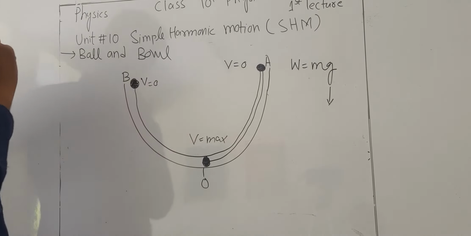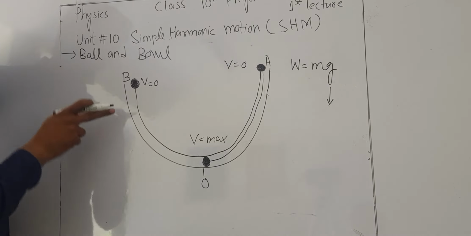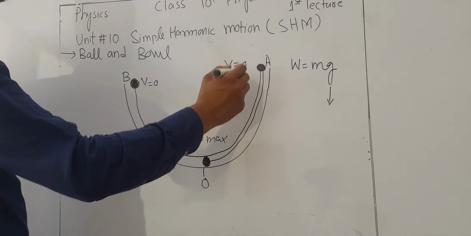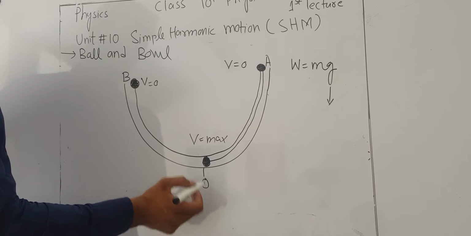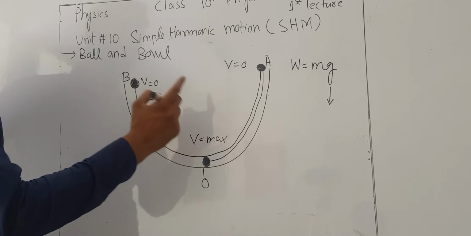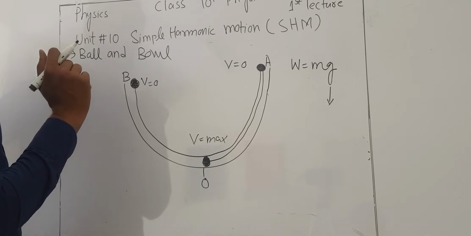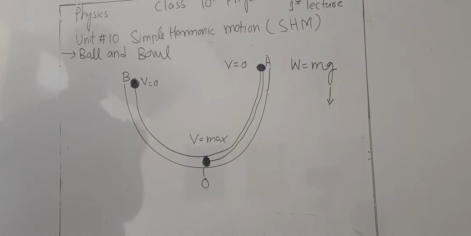Again the ball moves toward the mean position and then quickly toward position A. This to and fro motion of the ball about a fixed point continues until the energy of the ball becomes 0. So this is another example of simple harmonic motion.